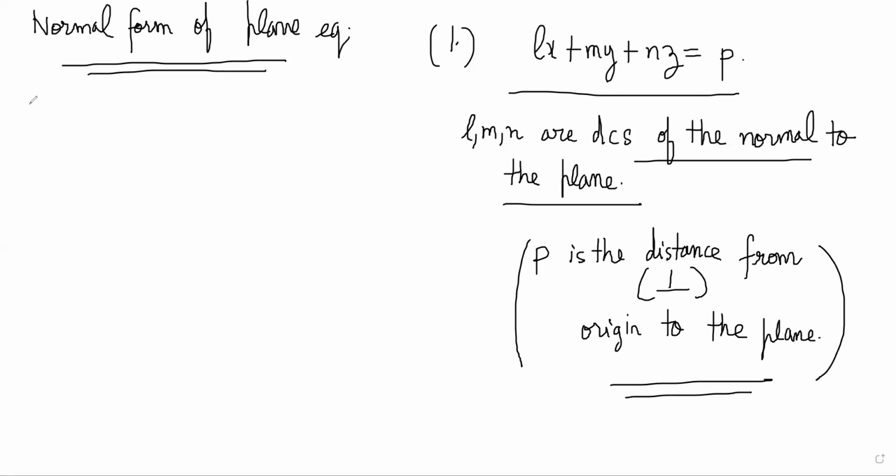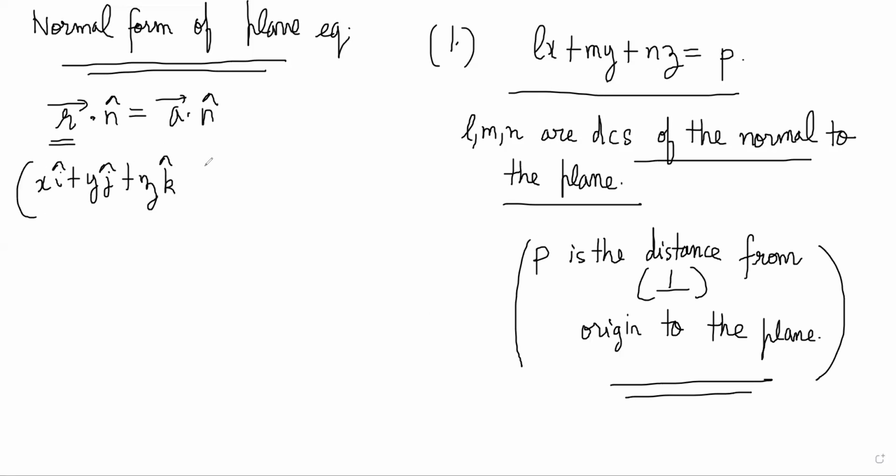And this comes directly from the thing that we just did, because we got r dot n cap is equal to a dot n cap, right? And r could in general be xi plus yj plus zk.